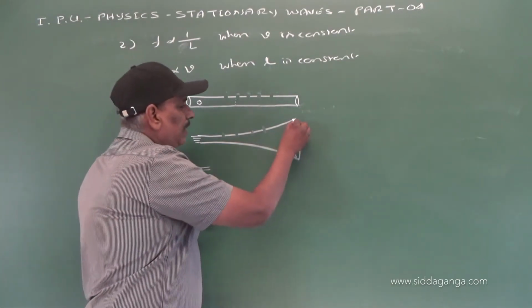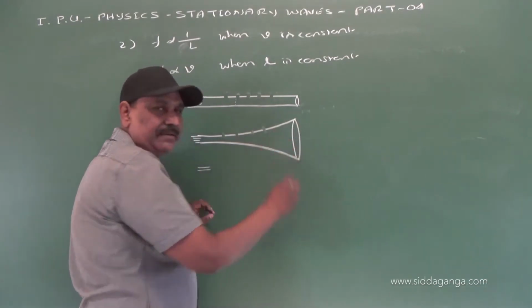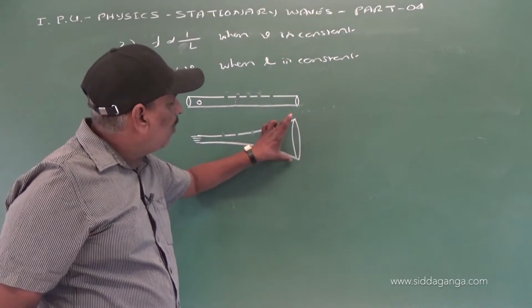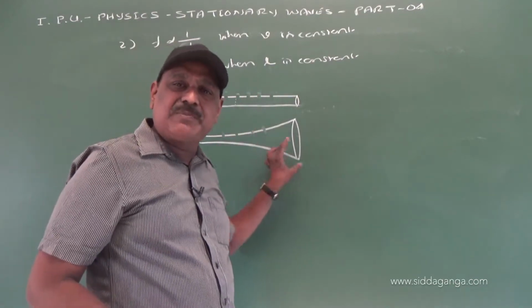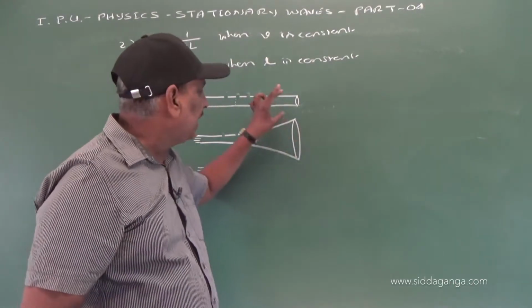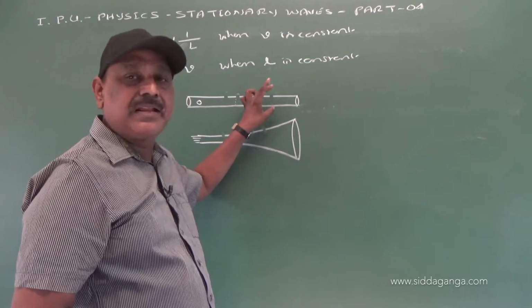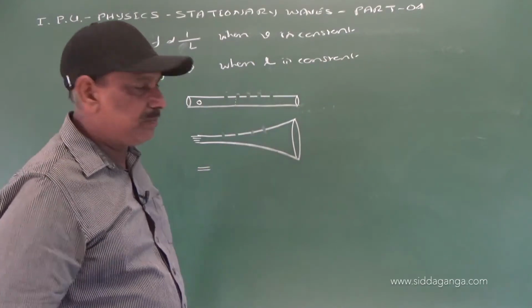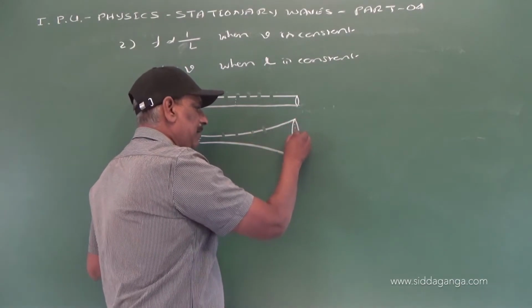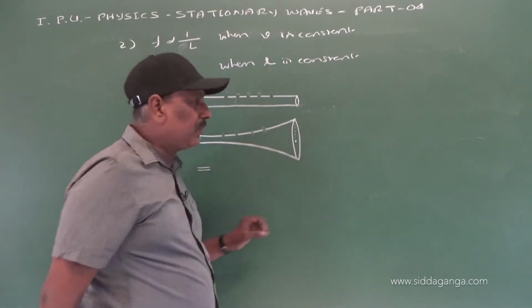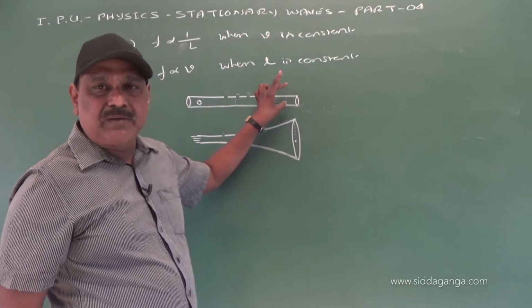And at the other end we have given more space compared to the flute. Therefore, the loudness produced by the Shahanai is less than the loudness produced by a flute, because here the particles can vibrate with more amplitude compared to that of a flute.